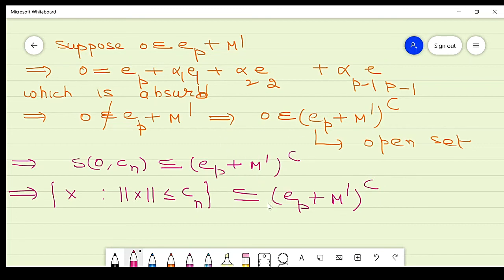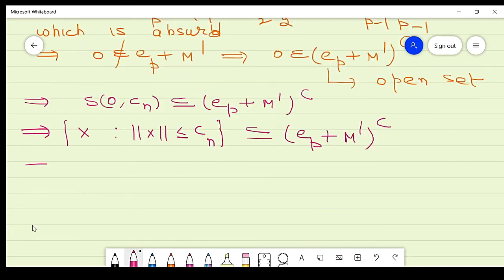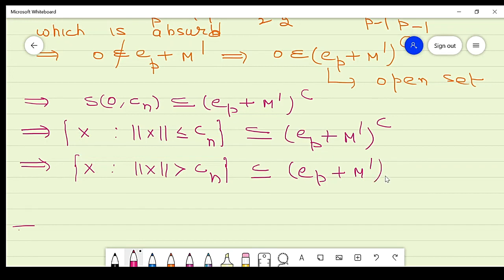Then it means this set is a part of EP plus M dash C. Then it implies this set X such that norm of X greater than Cn is a part of EP plus M dash, right? So EP minus M dash.